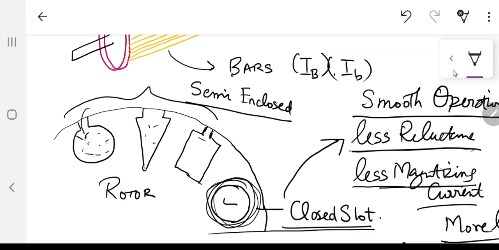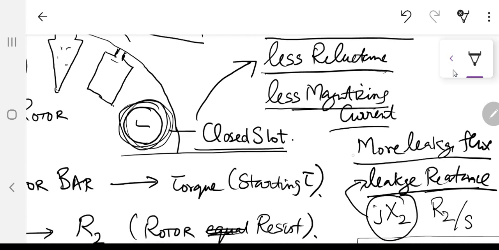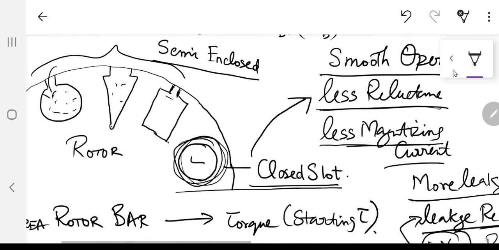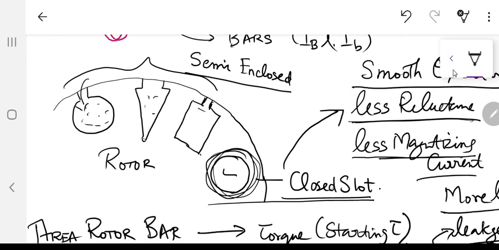Their reluctance is also going to change, and magnetizing currents are also going to be on the higher side. But yes, there is going to be less leakage flux because they are closer to the surface of the air gap. So leakage reactance is going to be on the smaller side. In other words, these machines having semi-enclosed slots are going to have more overloading capacity.